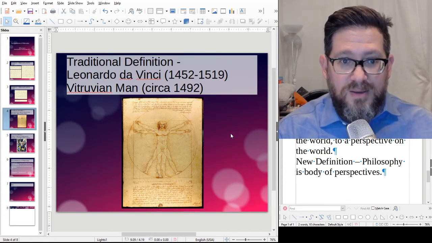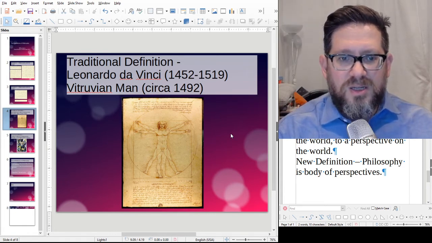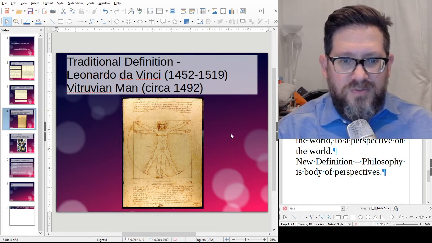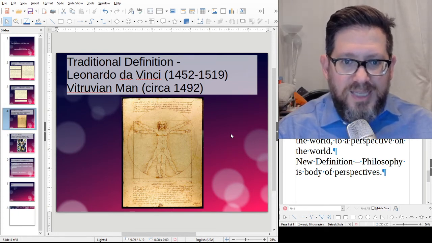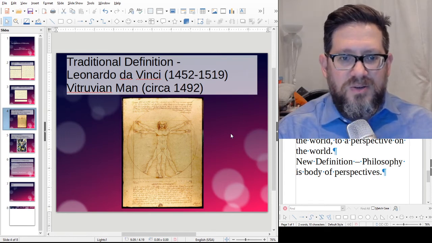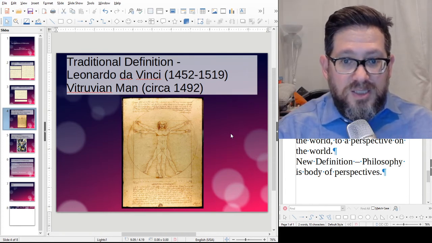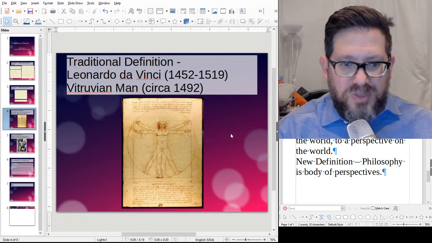This isn't any particular person. This is the ideal person with the ideal proportions inside a square and a circle, and Da Vinci is trying to capture the essence of a human body. So this is the old one because it's not any specific person, and it's meant to be ideal.